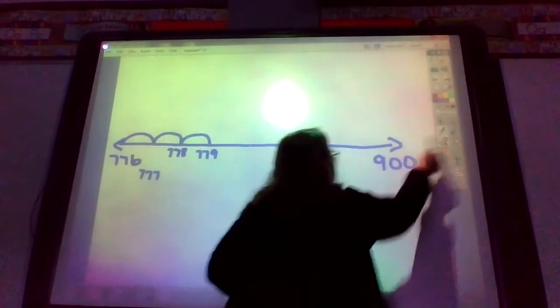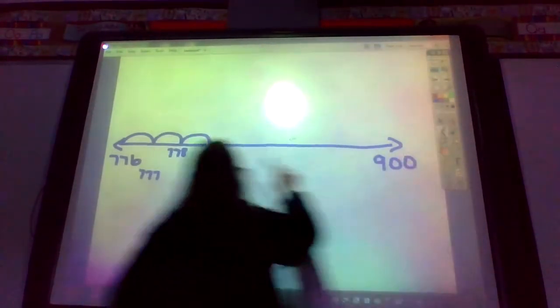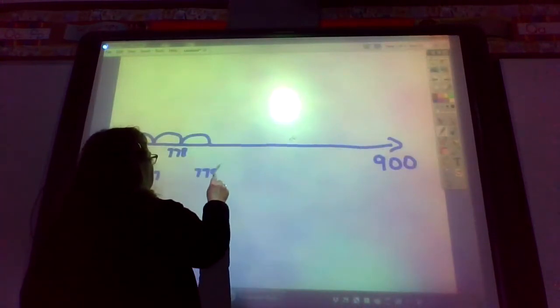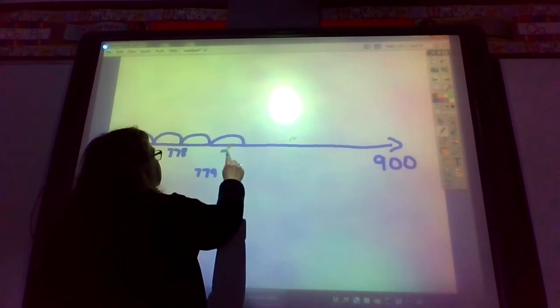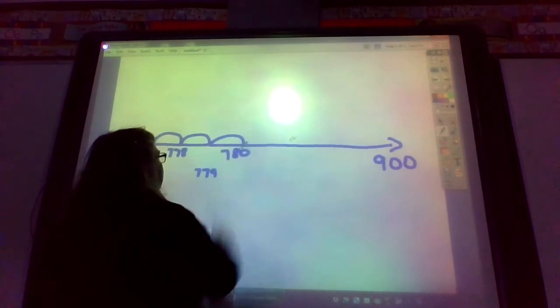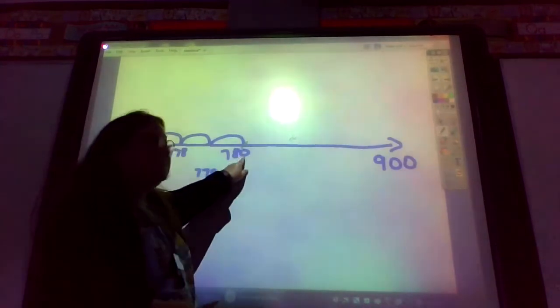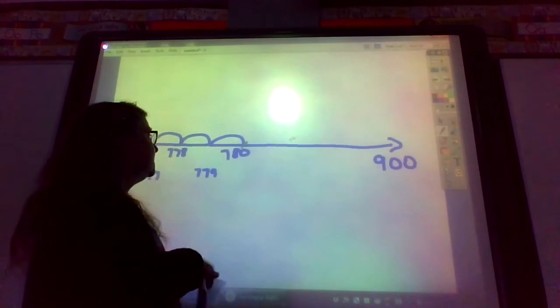Actually, let me write that one down below. So this one would be 779. This would be 780. Now I have my tens number. It's ending in a 0, so that's a tens number.